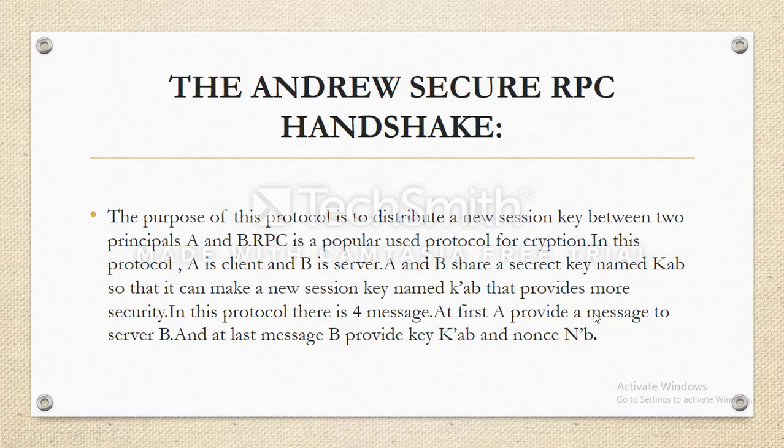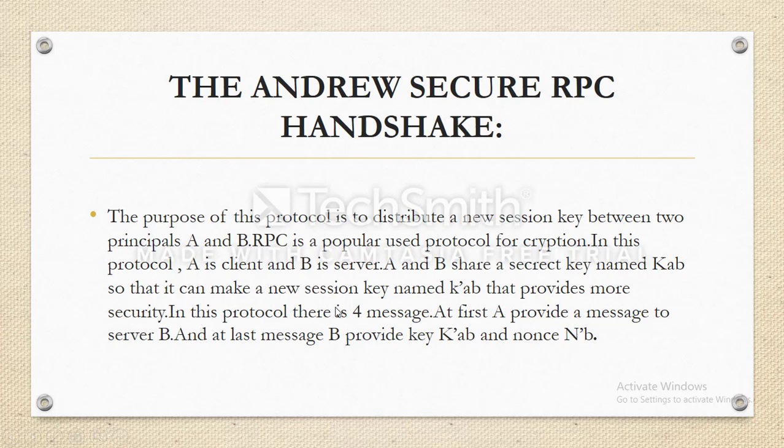The client and server share a secret key named KAB, and use it so that they can make a new session key named K prime AB that provides more security.